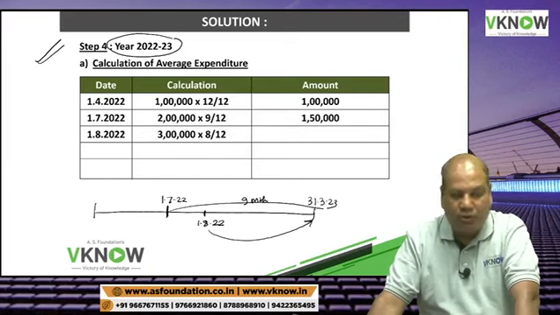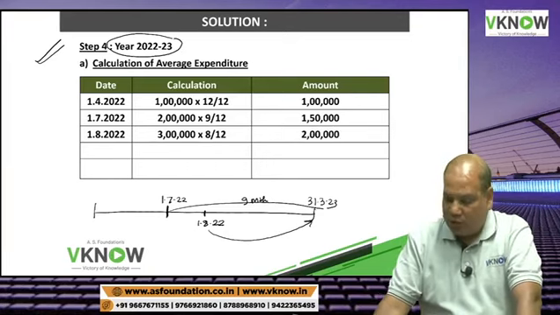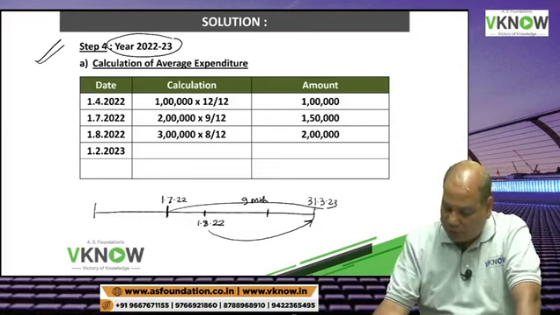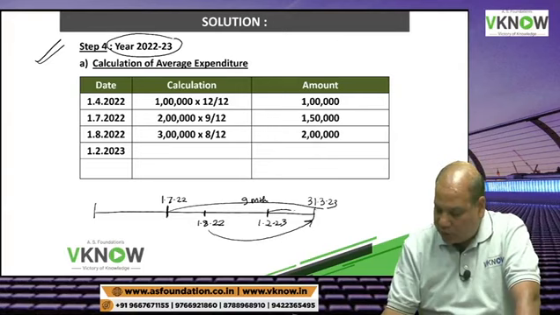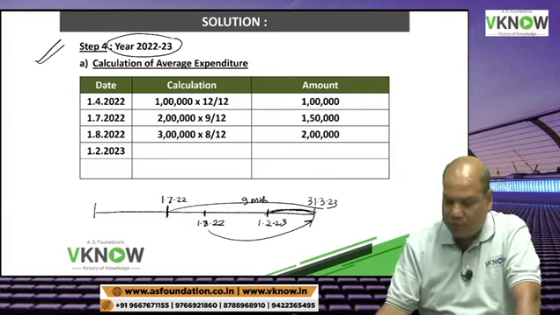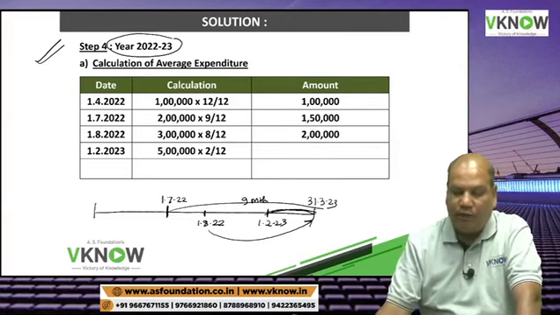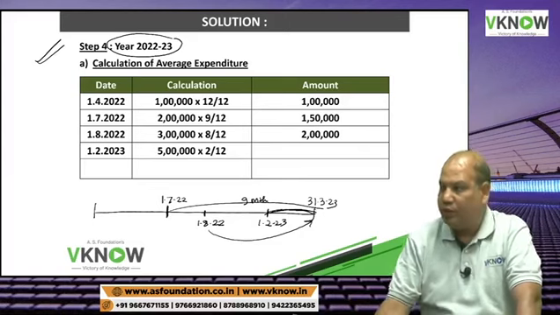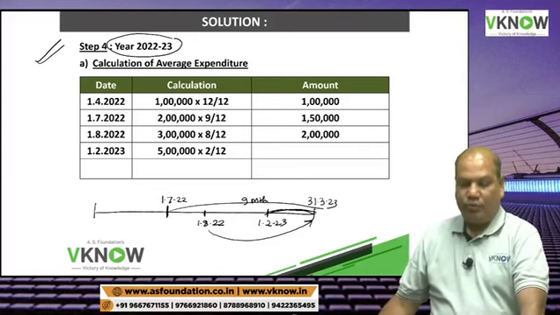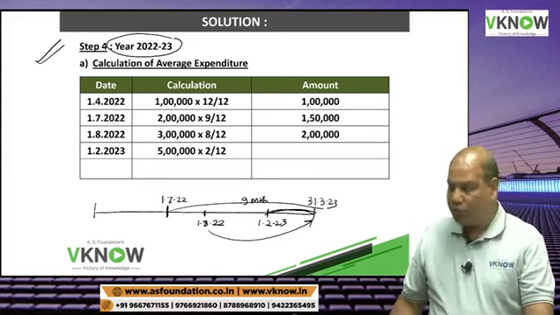How much is the answer? 2 lakh. Next expenditure was incurred here, 1st February 23. Now there is a gap of 2 months only. So you will take 5 lakh into 2 by 12. Yes, give me the answer. Come on, 5 lakh into 2 by 12.